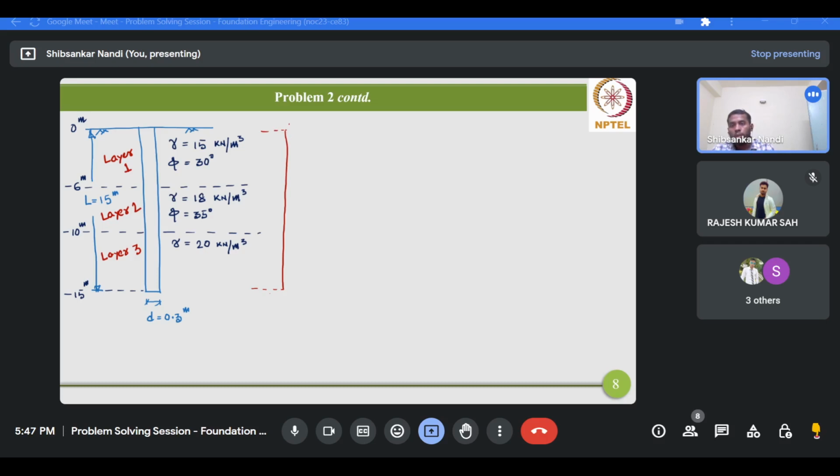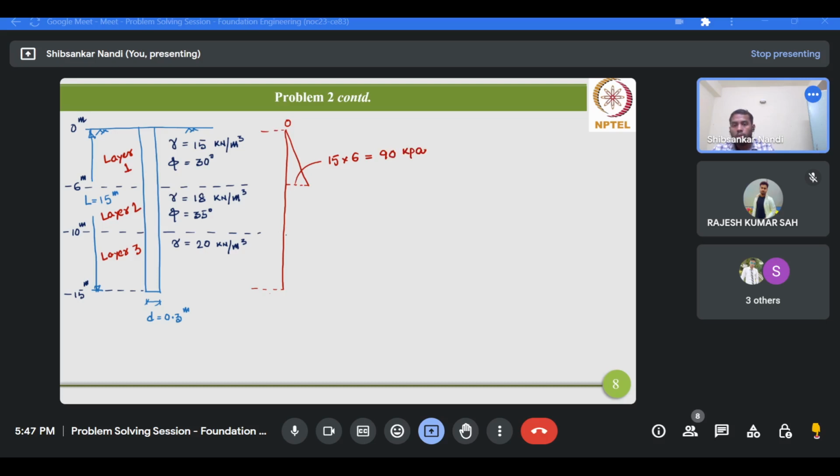First of all, for the first layer, the effective overburden will vary from 0 to 15 times 6, that is 90 kPa.